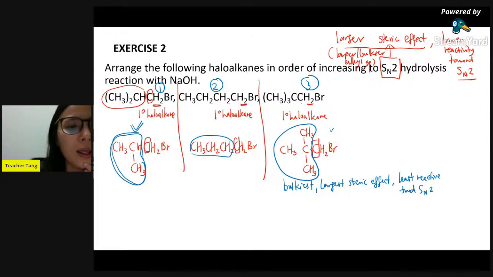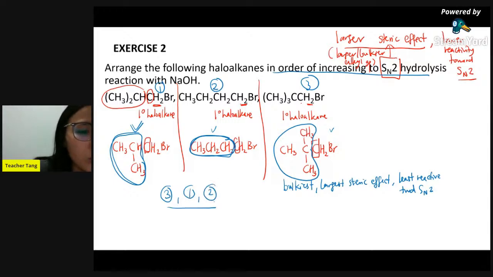And this one has the smallest alkyl group, so the least steric effect, so it is the most reactive towards SN2. So you are asked to arrange in increasing order. So it will be number 3, followed by number 1, followed by number 2.